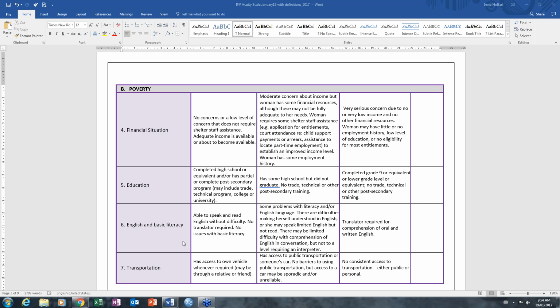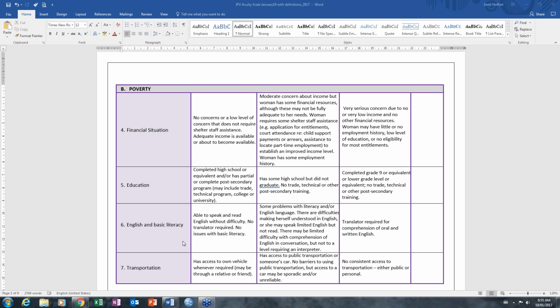You have to score it based on what would happen if there weren't any shelter resources in place. So if she doesn't have any access to transportation and the shelter needs to provide that access, then that would be a 5. Susan? Yes, I agree.